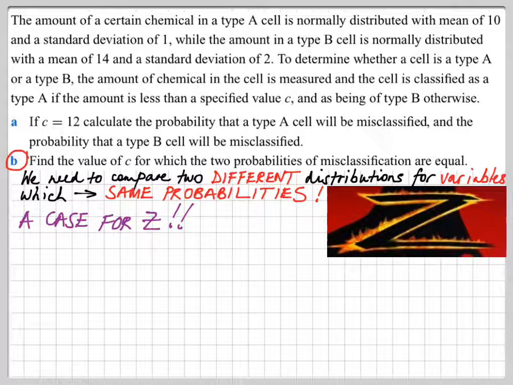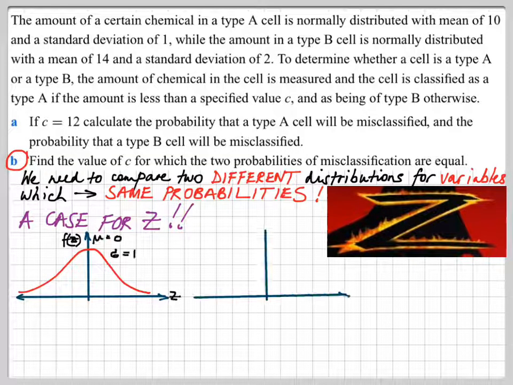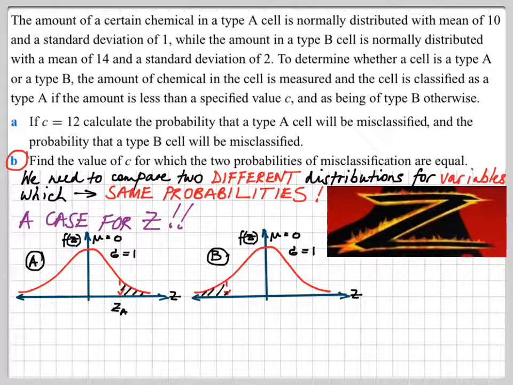Mr. Z strikes again when you least expect. So let's go for it, Mr. Z. We love you. You save us. Now there's my A, there's my B, rewritten as standard normals. This is falling into place very nicely. For both of them, mu is 0, sigma is 1, because they're both standard normals now.